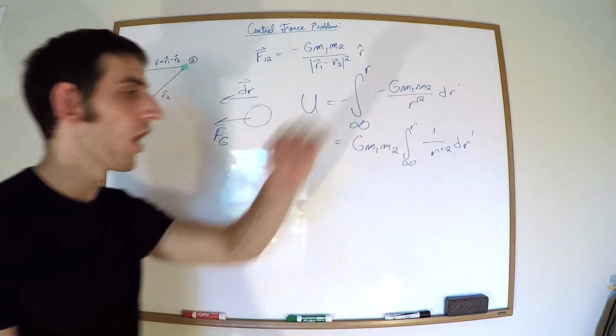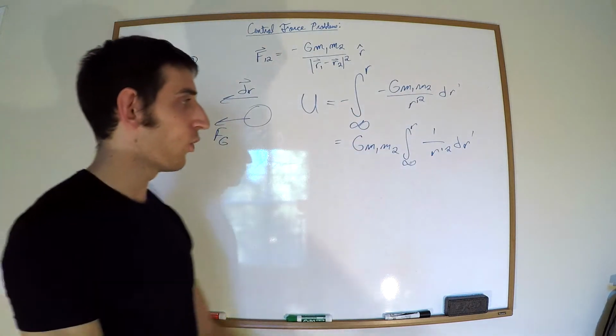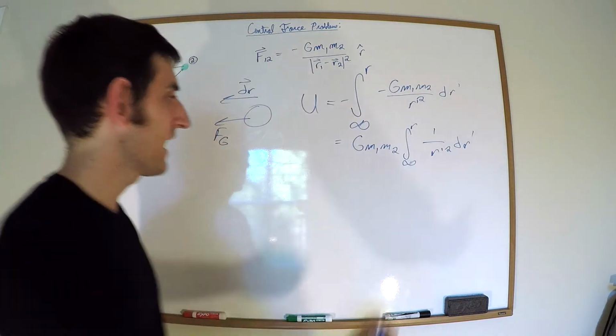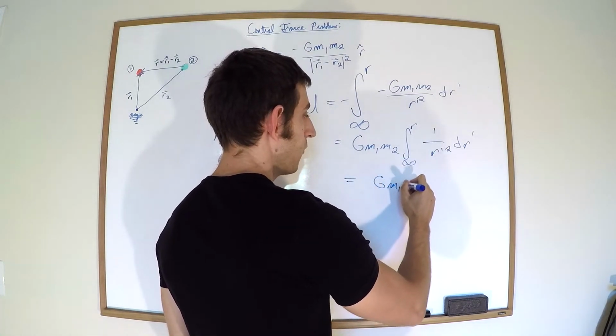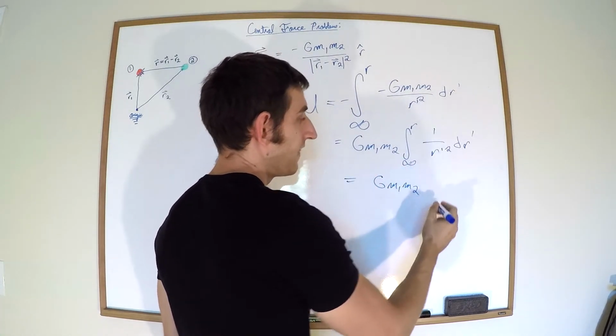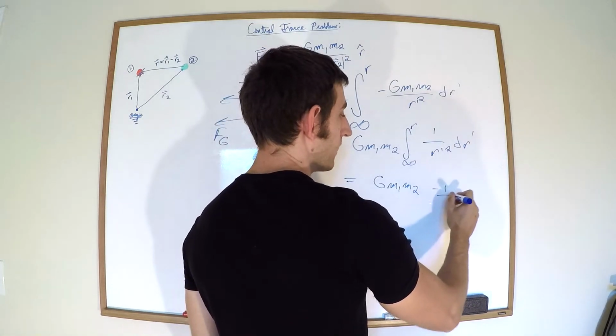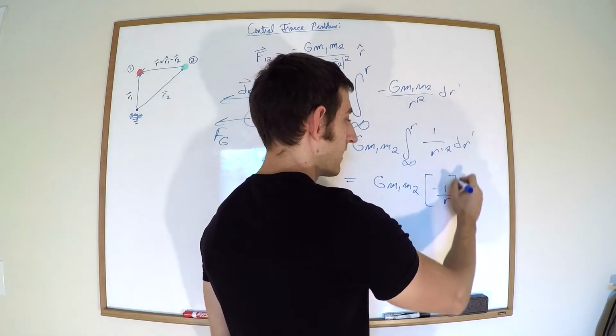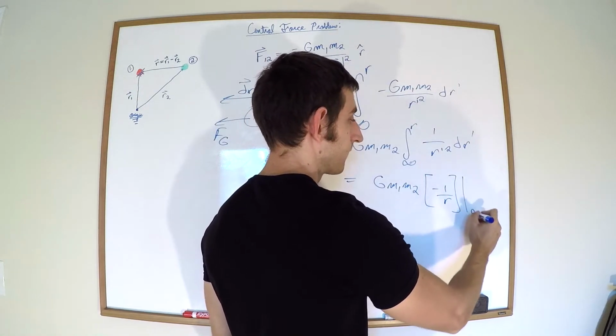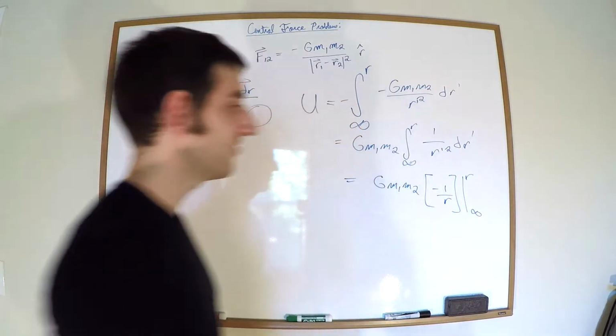Okay, so this is like r prime to the negative 2. So what happens there? Basically what happens is we get a G m1 m2, and then we get negative 1 over r, okay? So this guy is going to be defined using these limits of integration.